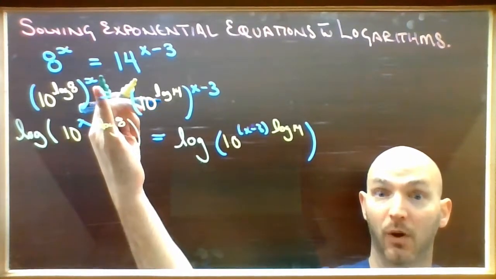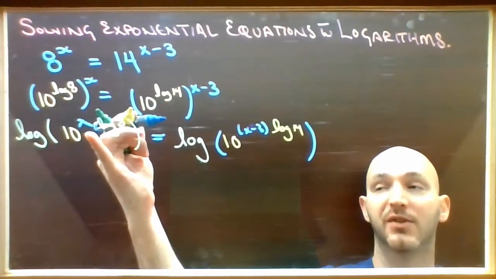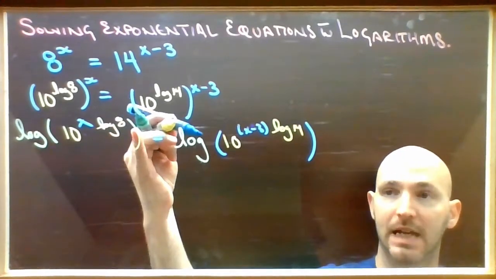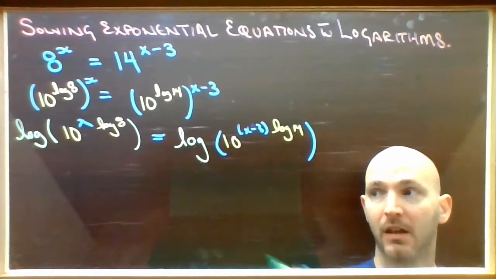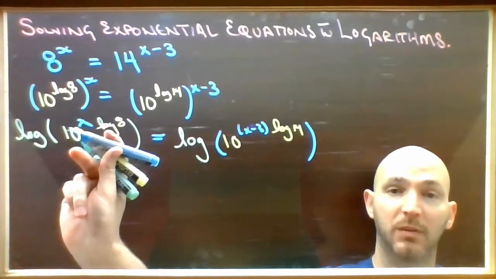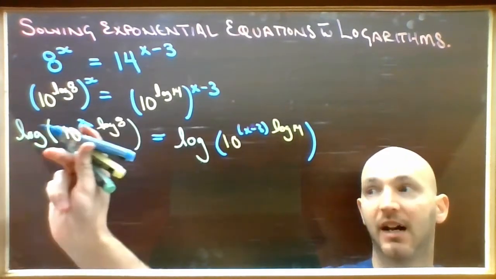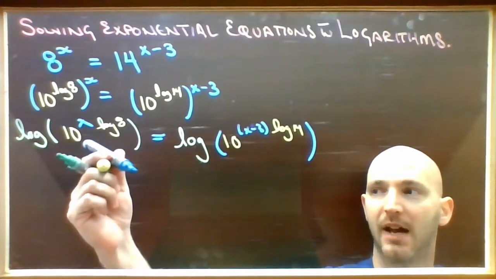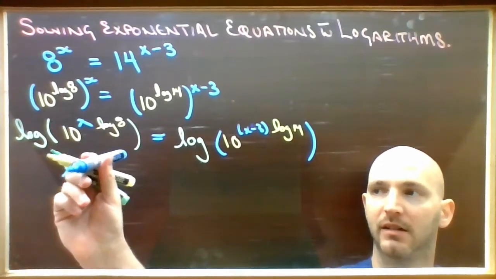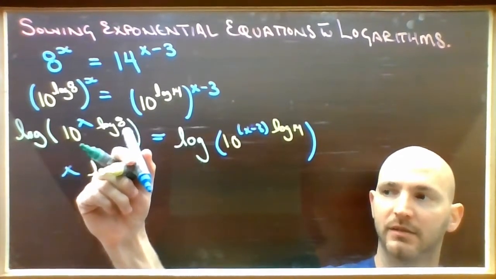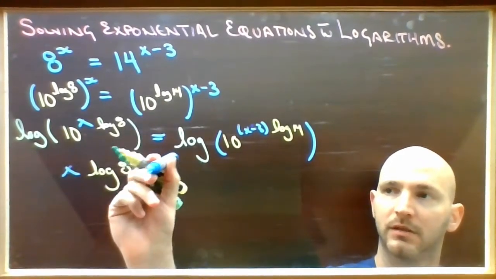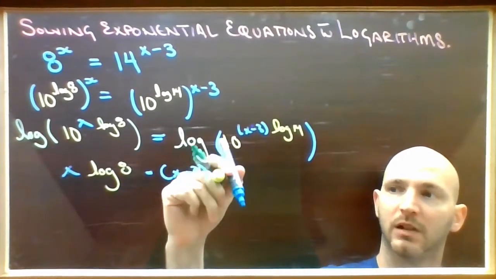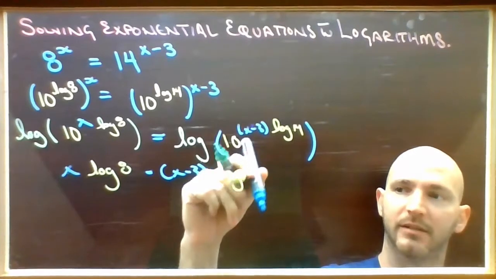Notice again that I wrote this in front to make sure I understood it was x times log 8, not log of 8^x. Now a log base 10 and an exponent base 10, you're going to get tired of me saying this, they undo each other because they're antifunction pairs. So all that's left then is x log 8 on this side and (x minus 3) log 14 on this side.